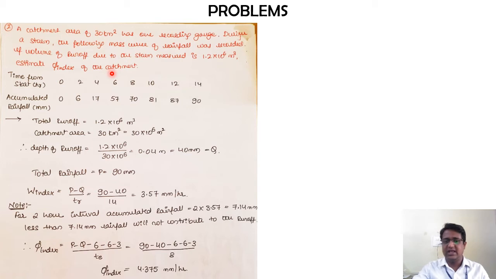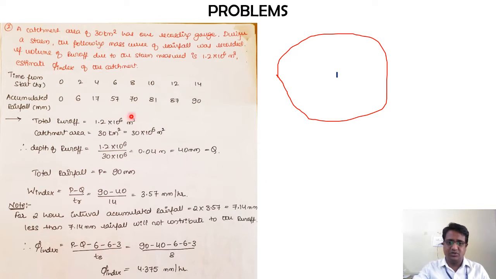Now again I'll try to explain this particular problem. We have a catchment area of 30 kilometers squared. Imagine this as the catchment area, and it has only one recording rain gauge station. During the storm the following mass curve of rainfall was obtained.